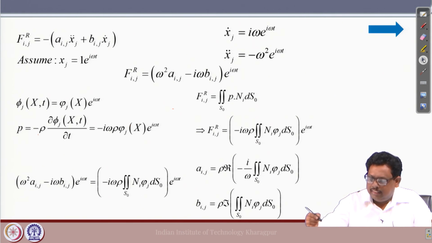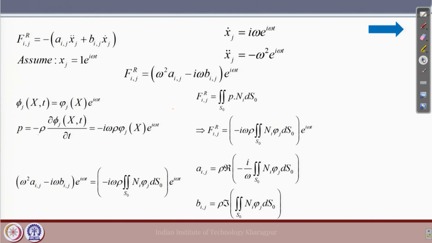Here, I am doing it with the mean wetted surface, that is why I am multiplying by ds_0. Okay. Fine.